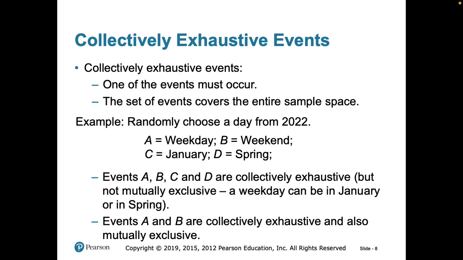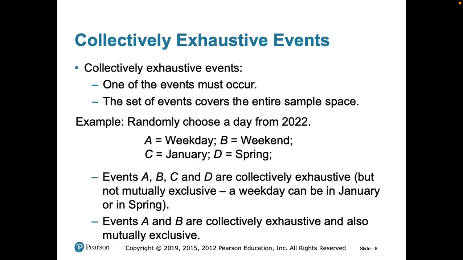In this case, A and B are mutually exclusive because it can only be a weekday or a weekend. Now C and D are not mutually exclusive because it could happen in January and it could also be in spring. But those are not exhaustive because it could also happen during the fall or during the winter.